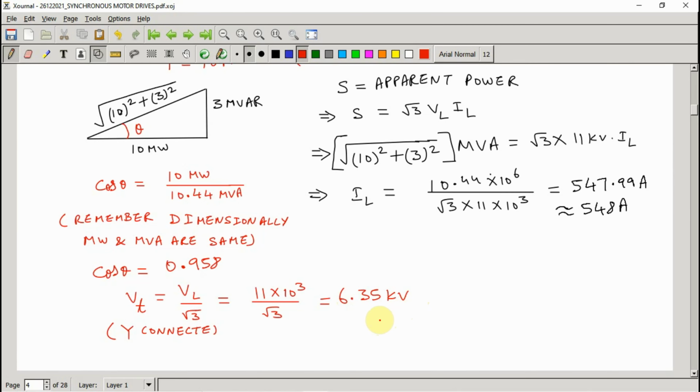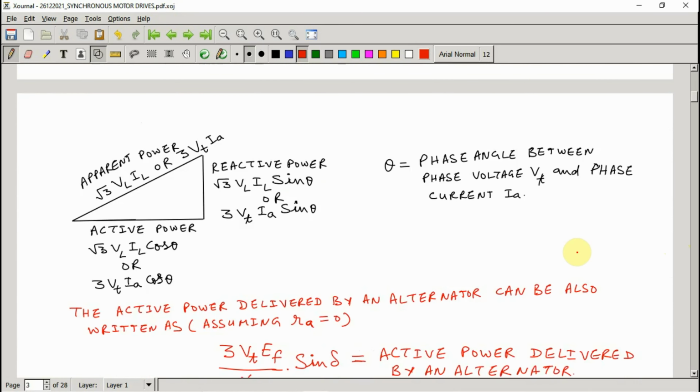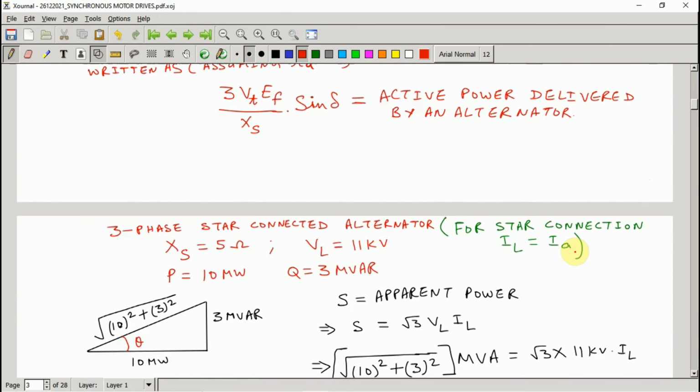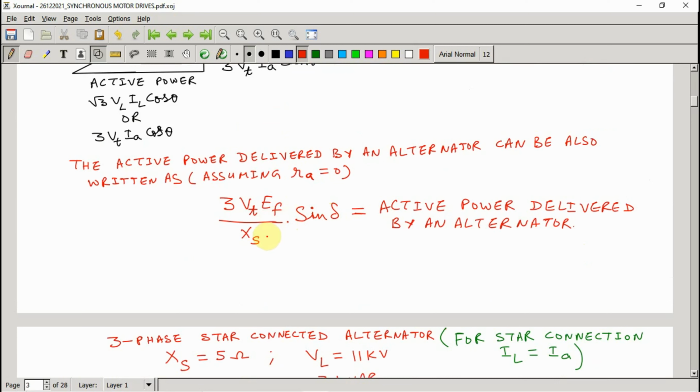Now remember, we have seen the expression for active power delivered, which I have written earlier. In one case, you can write 3 Vt EF divided by Xs multiplied by sine delta.